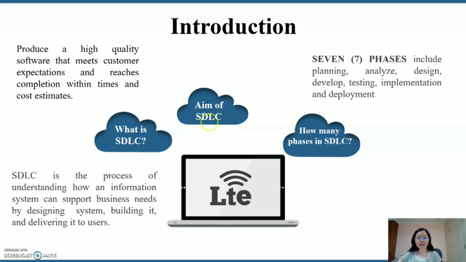So in total, how many phases are involved in the SDLC? Basically it involves 7 phases, including planning, analysis, design, development, testing, implementation and deployment. Now let me explain each of the phases.